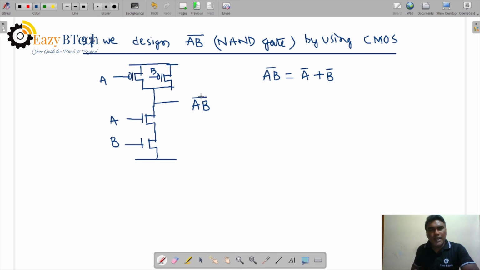It is AND gate design. By using De Morgan's law, for NAND gate design, the complemented transistors are A complement plus B complement. These are parallel. So this is a representation of series and parallel NMOS and PMOS transistors.